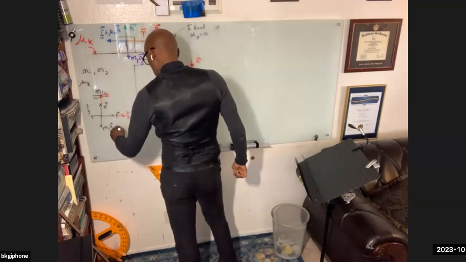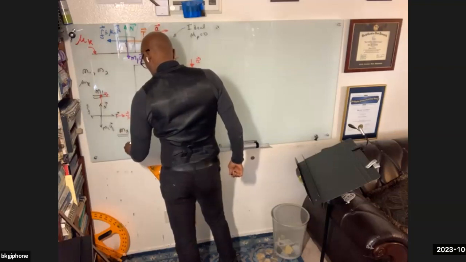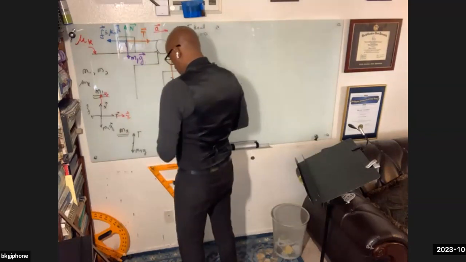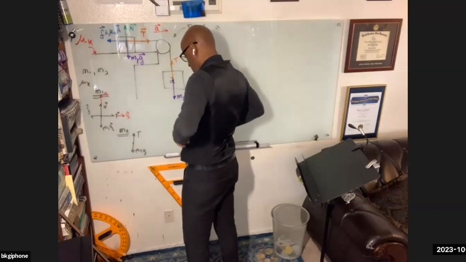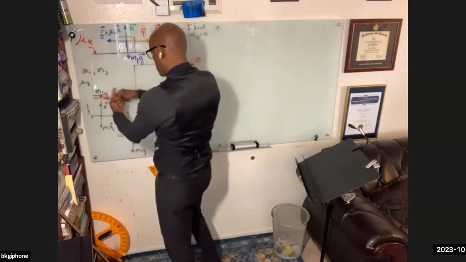M2 is just this: M2G, T. And from this point of view, so it comes over.